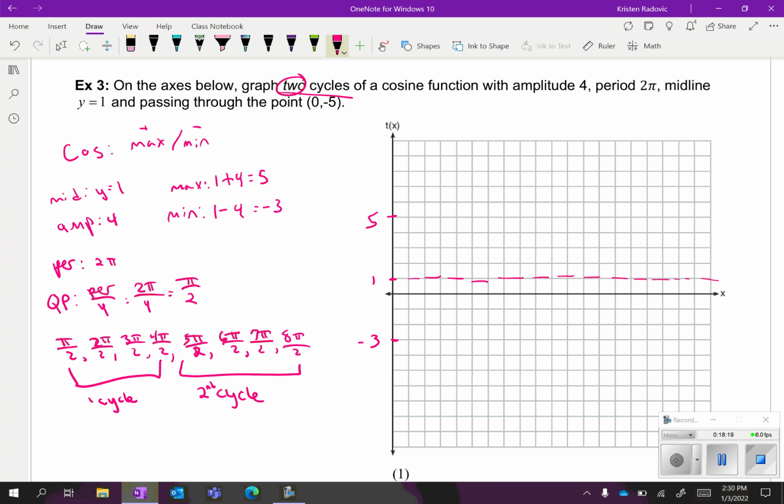Keep in mind, you don't have to simplify your quarter points if you don't want to. My suggestion is to just leave it as is. Why bother if you don't have to do it? And you're going to space your quarter points out nicely on the graph. If you need to, pause the video, write down the quarter points, and then come back to it.